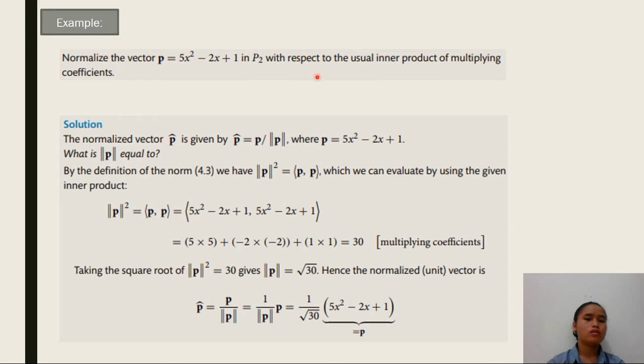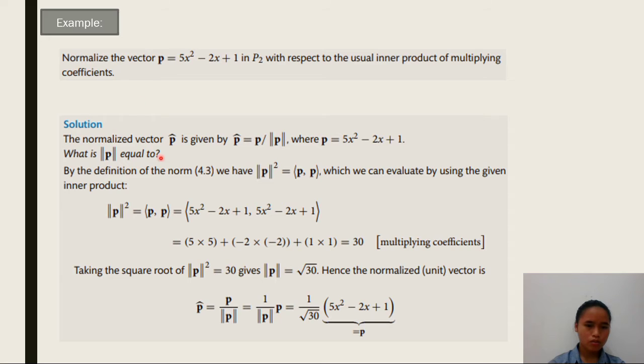Example, this is a vector P. From the problem we have to know P. This is the formula.